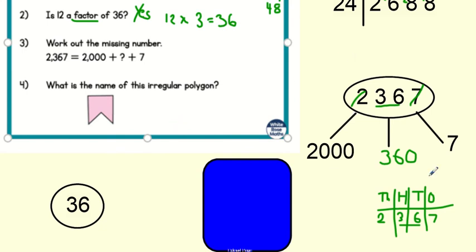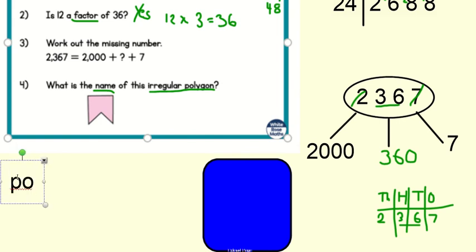Okay, number 4 then. I'm going to be intrigued to see how many of you can remember the properties and can recall your knowledge of shapes. So, we want to know the name of this irregular polygon. Okay, well, let's think about what is a polygon. Can anybody remember? What is a polygon?